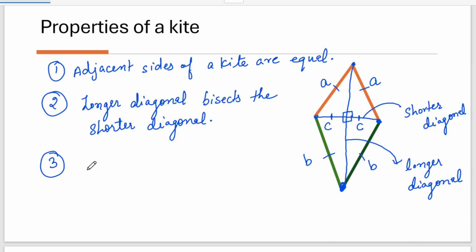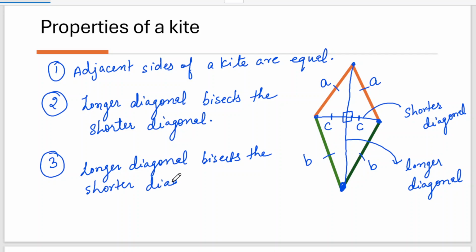So I can say the longer diagonal bisects the shorter diagonal at 90 degrees. So these are the three basic properties of a kite.